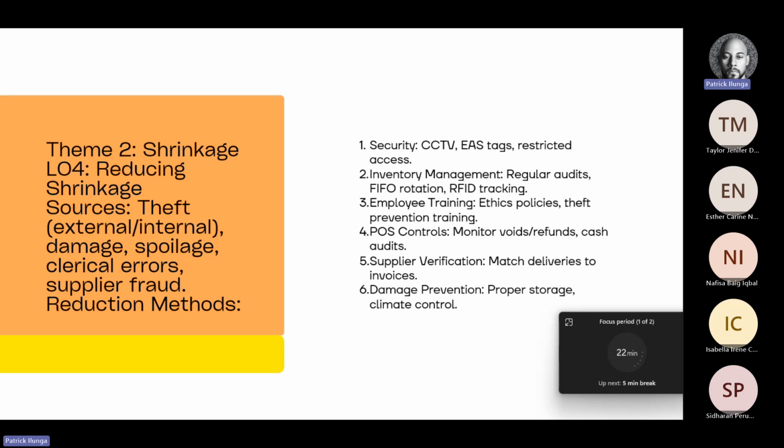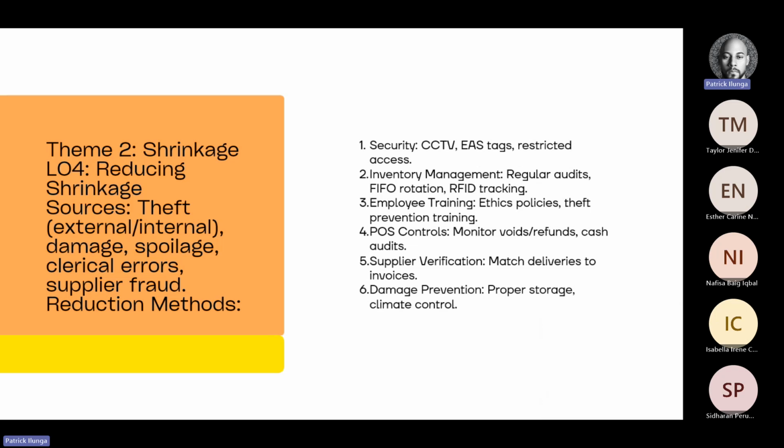Your learning outcomes, as you can see, in theme 2 you will have 2 learning outcomes. One of the learning outcomes will be reducing shrinkage. I think this is quite easy, right? A quick read will make clear what it's all about, so that if you see a question like this in your test, don't be surprised and think, but I was only supposed to focus on the calculation part.